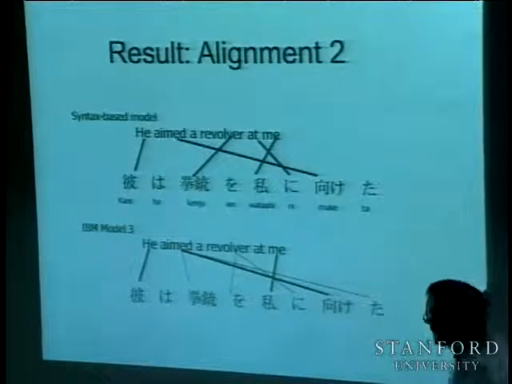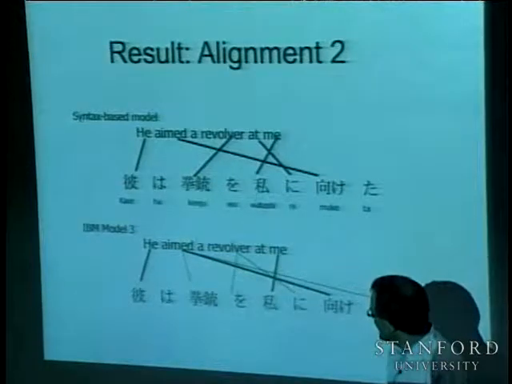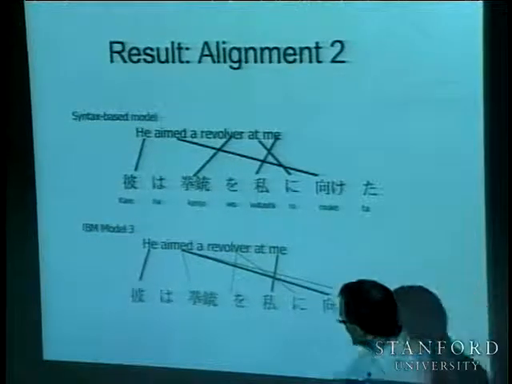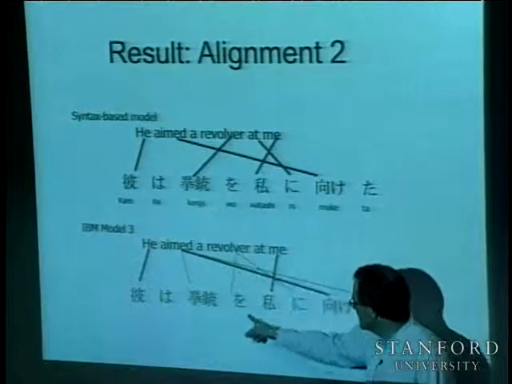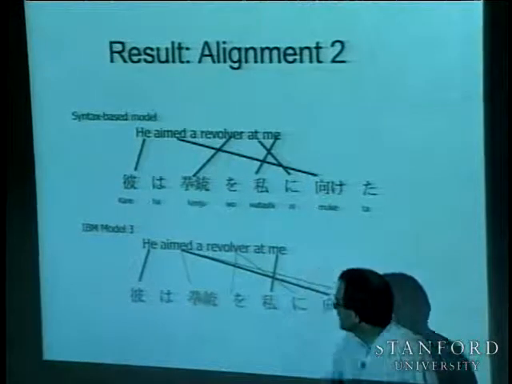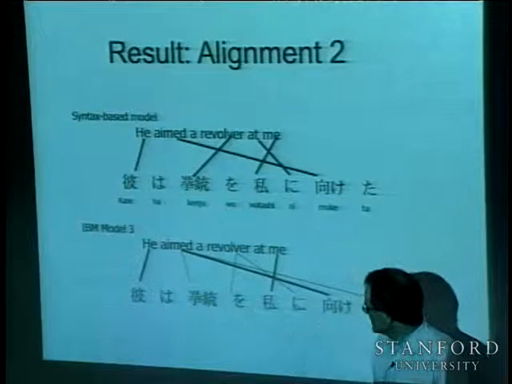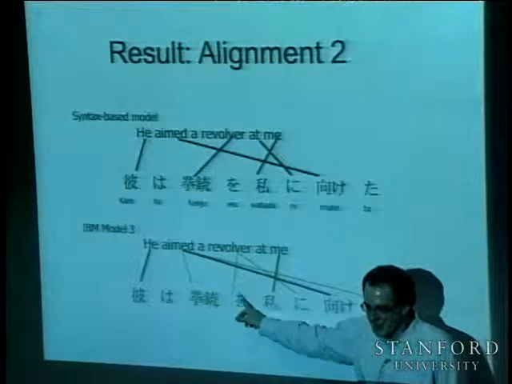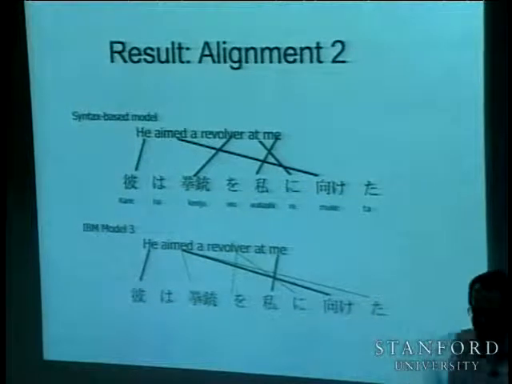That's the right thing to do. Me, watashi, that's okay, that's doing well. Karehi, that's doing well. Most of it is okay, but somehow it's completely lost the correct alignment of revolver. So revolver should be going to this guy here, but instead it's being aligned with function words. So this was the object particle, and this is a dative particle.